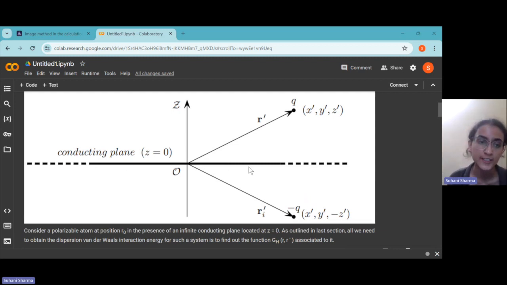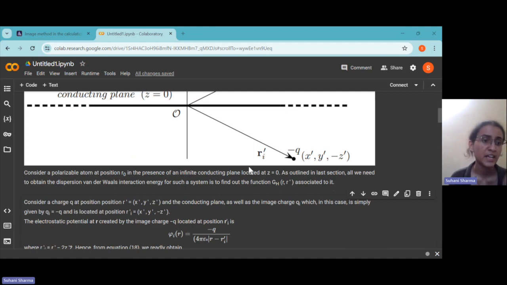This scenario serves as the backdrop of our investigation into the interaction energy, which we are going to find here. The main objective of this example is to employ the image charge technique by introducing an image charge Qi, which is minus Q, symmetrically positioned relative to the original atom across the conducting plane. This technique facilitates the analysis of the electrostatic potential. With that, we are going to find the electrostatic potential.